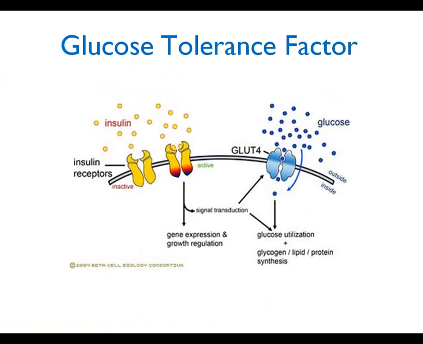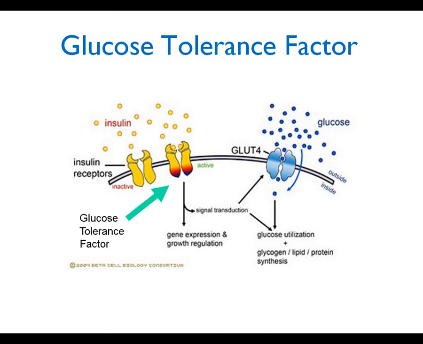And this is a slide that just goes a little further into that, just kind of diagramming some of what I said earlier, and seeing that you've got the insulin receptors here, and they're responding adequately to the insulin through the action of the glucose tolerance factor, which is made up predominantly of chromium, but you also get some B3 in here.